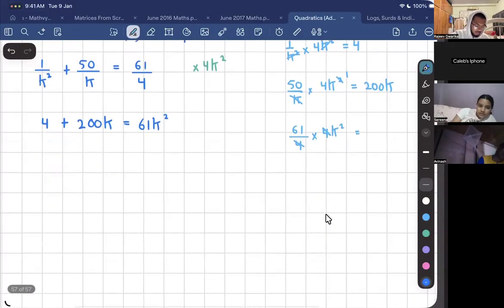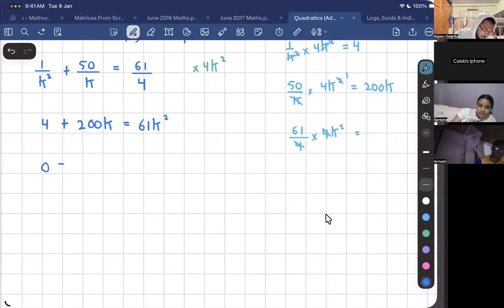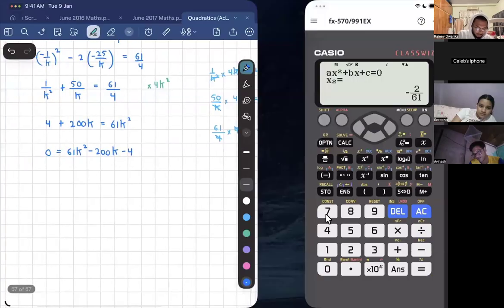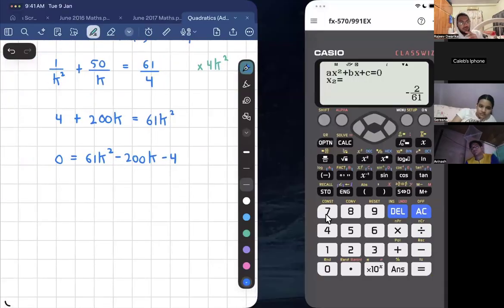Yes, sir. I'm going to move across everything to make a quadratic. That's going to be 61k squared minus 200k minus 4. Great. And let's check what the roots are. Because here it said, you don't want to try and factorize it, and you realize you can't factorize it.